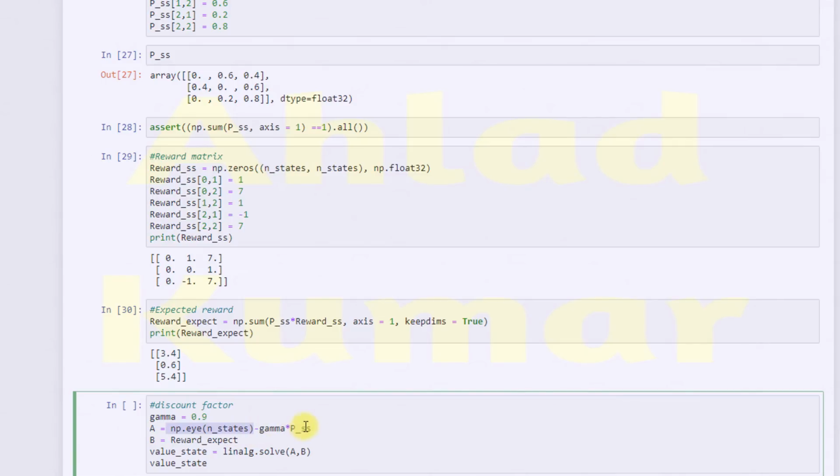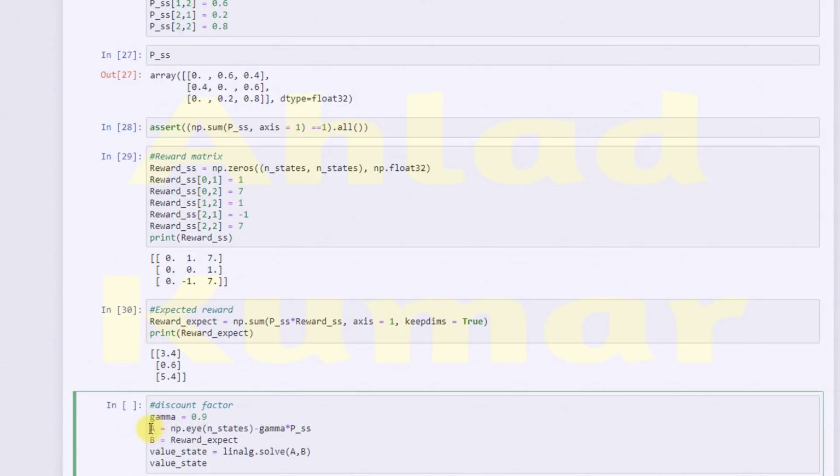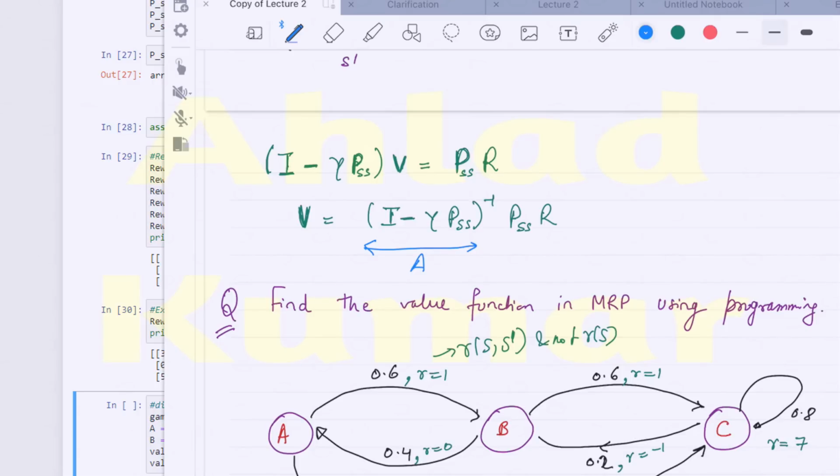So gamma times p underscore ss is nothing but this particular thing. Somewhere we are implementing this, and we are calling this A, which is given over this side, and this we have already calculated, which we are calling b. Reward expect we have already calculated over here. So this is nothing but b.